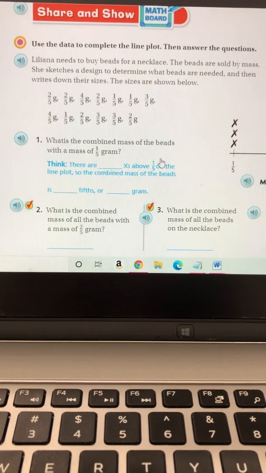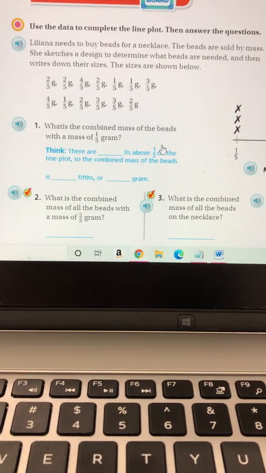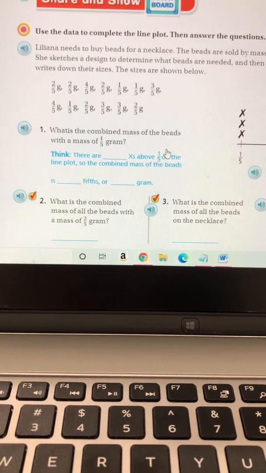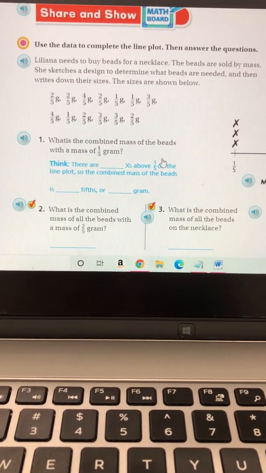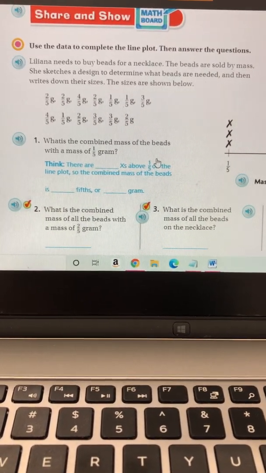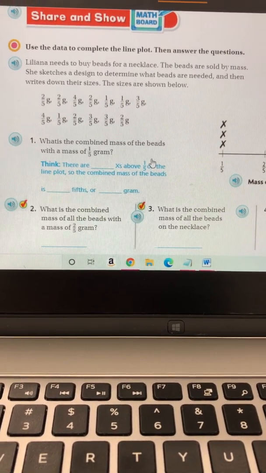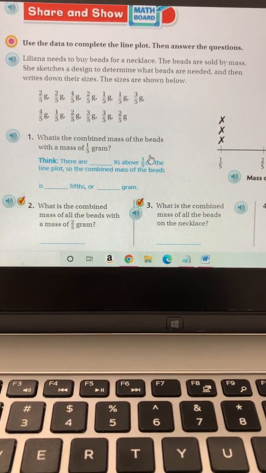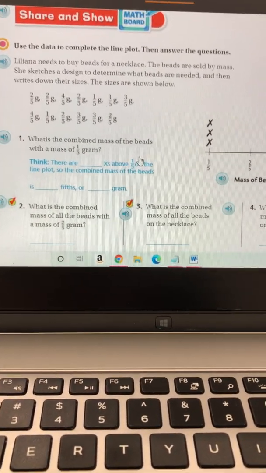Today we're starting chapter 9, and we're moving away from, well, not really moving away from fractions because you're going to see them come up in this chapter. We're just not doing the same skills that we've been doing with them. Everything that we've done is incorporated in this chapter, but now we're moving into measurement and data, which is the other domain.